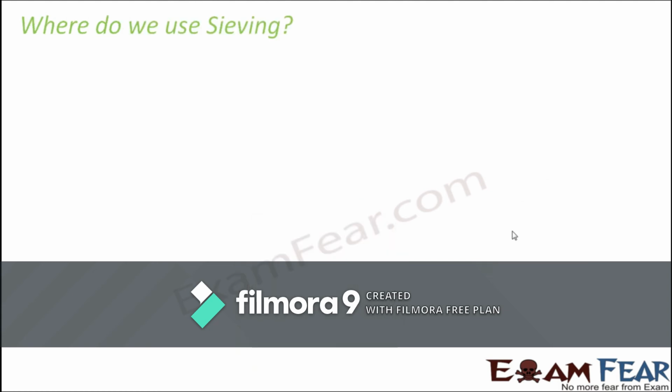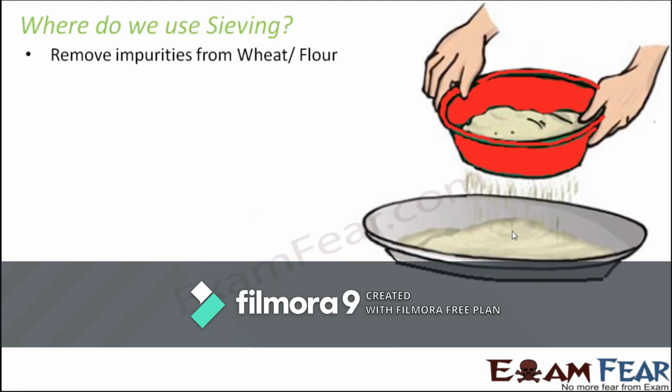So let us look at some examples of sieving. Where do we use sieving? One very common example is to remove impurities from wheat or flour. Normally when you prepare anything, whether you bake a cake, or prepare chapatis or parathas, wherever you make use of flour or wheat, the first thing you do is remove impurities, because a lot of times the flour might contain tiny worms or tiny pebbles, and it is very difficult to hand pick them.